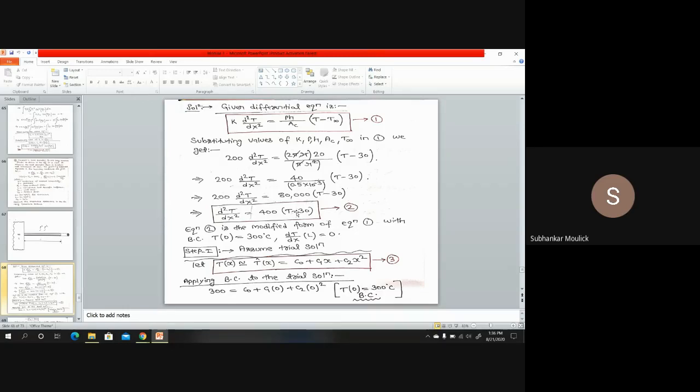Any doubts? Does anyone have any doubt till equation number 2?